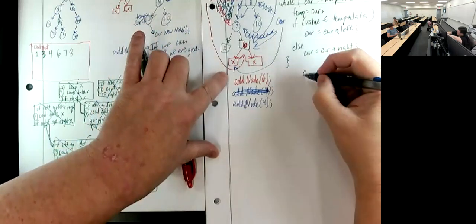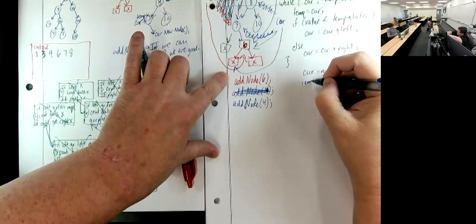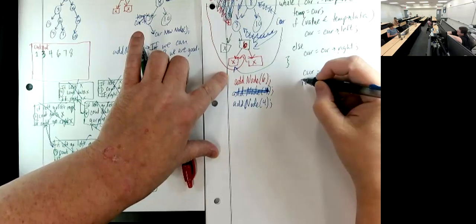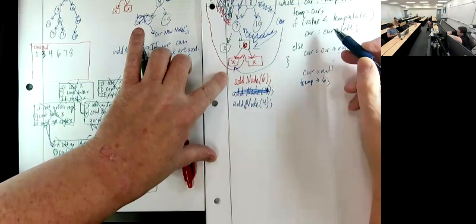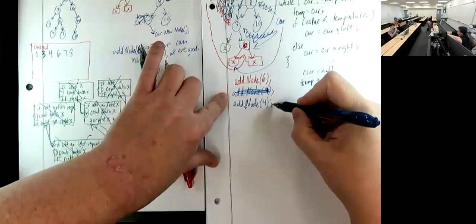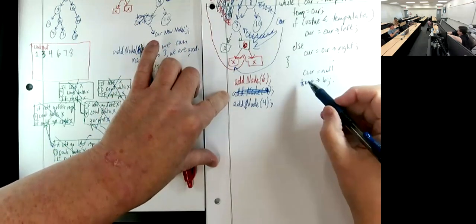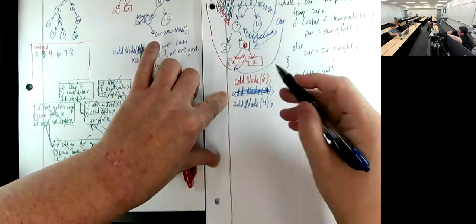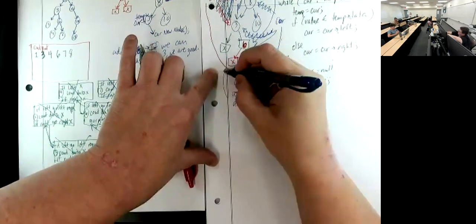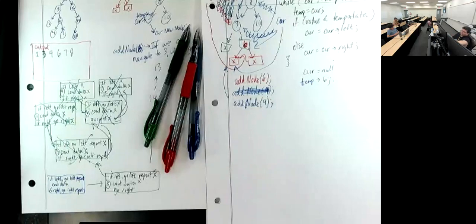Current is now null, and temp is pointing to 6. The while loop ends, temp is 6, and it should add node 4. It should do the next check, the left-right check. It should be able to put the 4 in here now. So that's how the while loop is breaking down.